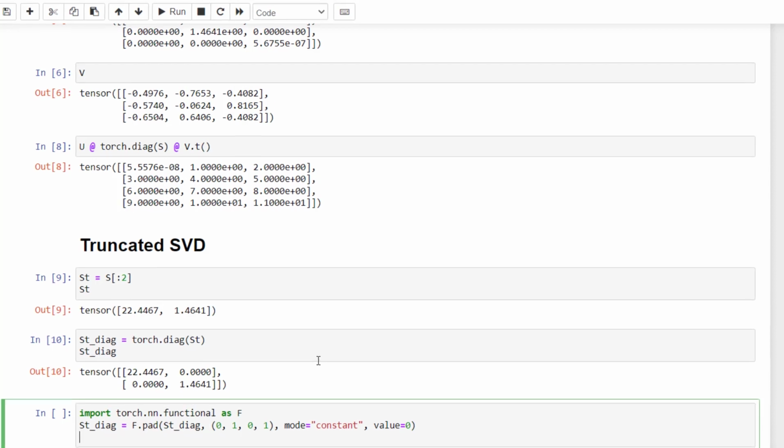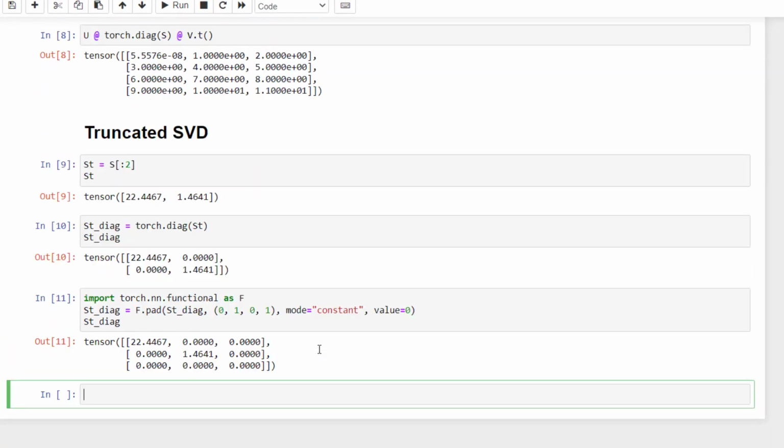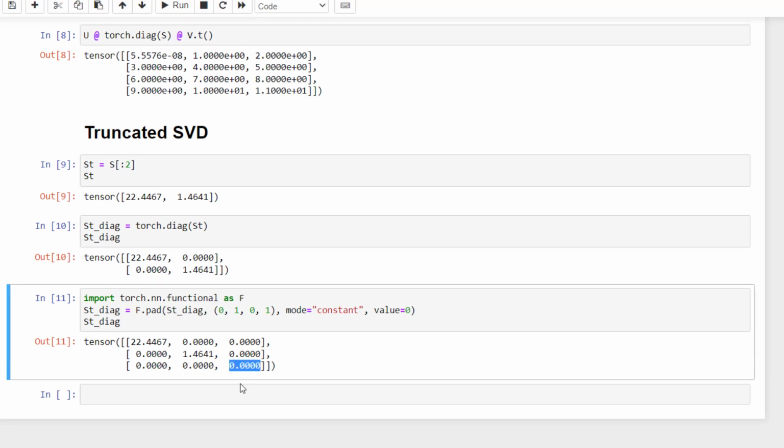And now if I just print this S_t_diagonal, you see it is 3 by 3 and the last diagonal value is 0.